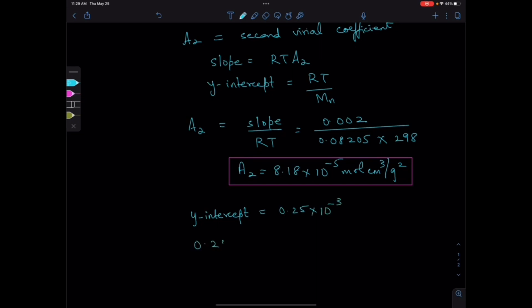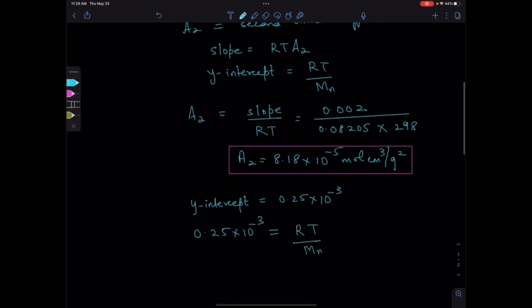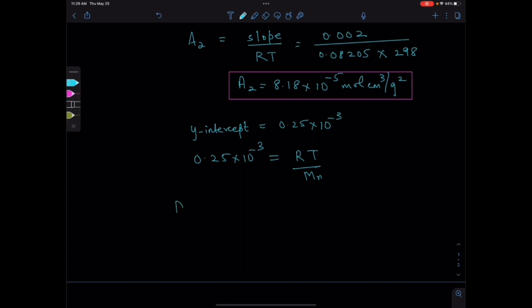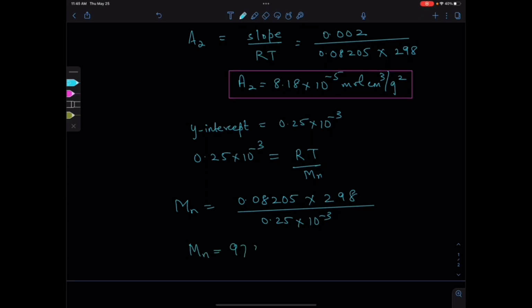So plugging these values, Mn equals 97,804 grams per mole.